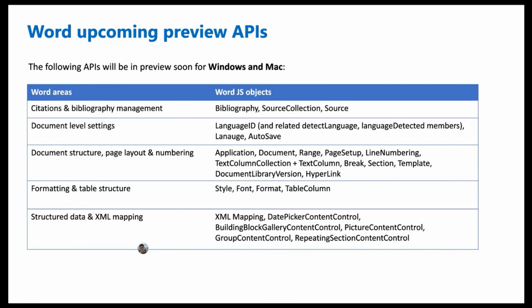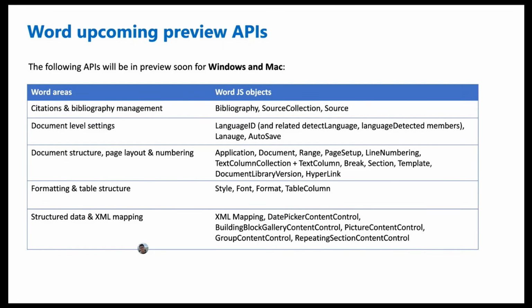So, for example, citation and bibliography management. Many of our citation partners said that they also want to make communications with the existing Word bibliography. And also they want to make sure that their citation management tool can be compatible with the Word native features.